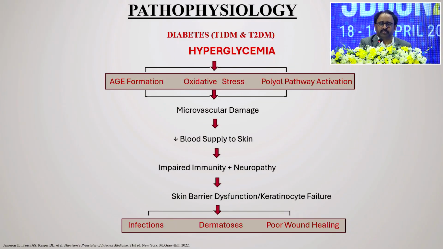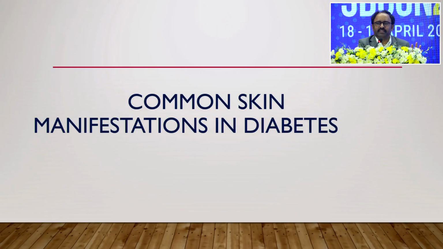The possible pathophysiology is AGE, advanced glycation activation, oxidative stress, and hyperactivity of the polyol pathway, leading to impaired immunity and neuropathy, and thereby skin barrier dysfunction contributing to keratinocyte failure. It also decreases the nutrients of the skin, thereby leading to infection, dermatosis, and poor wound healing.